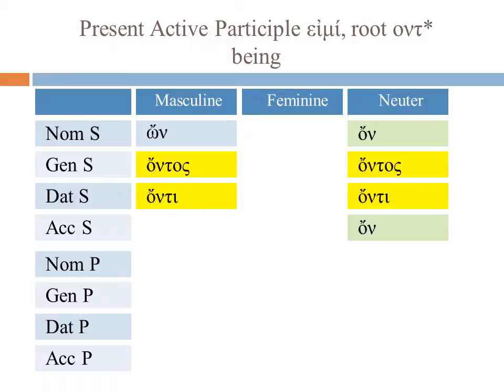Therefore, the dative is ὄντι, that iota at the end, which is the true sign of a dative, but there's no iota subscript because an iota subscript is only under a long vowel, and that's a tau in front of it. It can't subscript under a tau. The accusative is ὄντα.